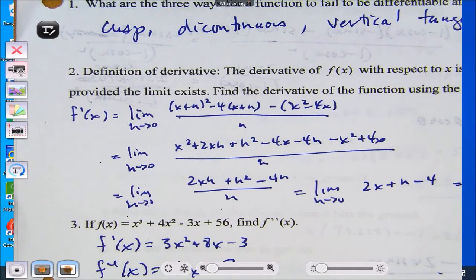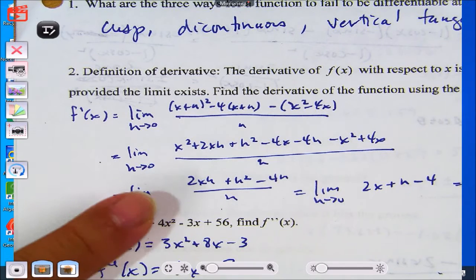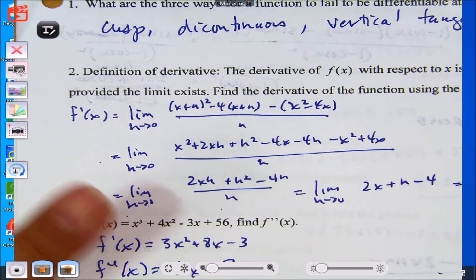What's an example of a function that you can only find the derivative using this process? There are none, because once you do this, you have a rule you can use.